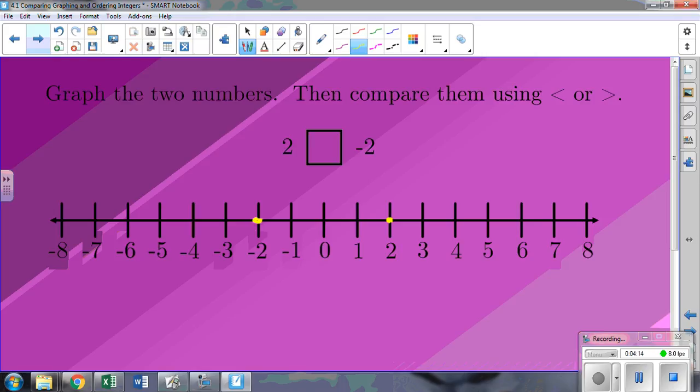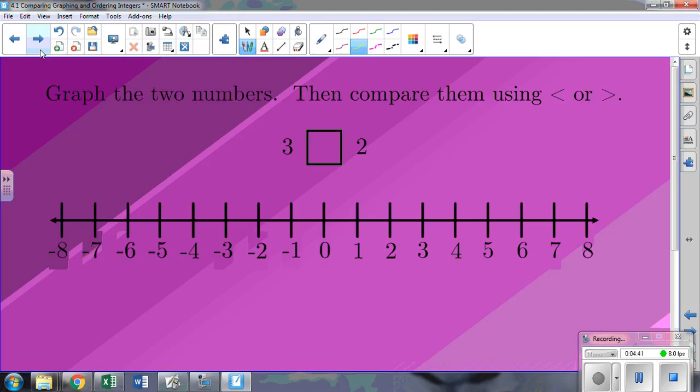Since negative 2 is farther left, there we go. Keep in mind then, since the negatives are always on the left and the positives are always on the right, anytime that you compare positives and negatives, any negative number is always less than a positive number because positives are always farther right than negatives are.